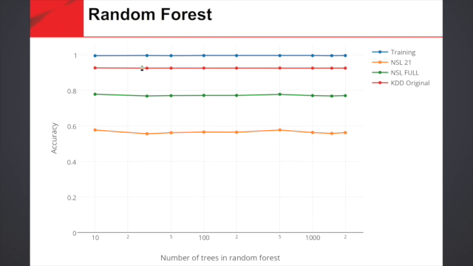You can see that the accuracy of training is very high, but the other test sets, like NSL21, only contain the most difficult records in the KDD dataset, and NSL4 contains all datasets except the duplicate data.